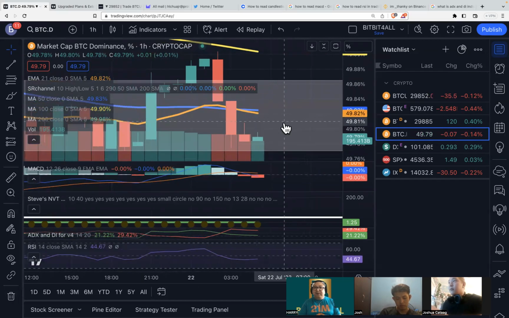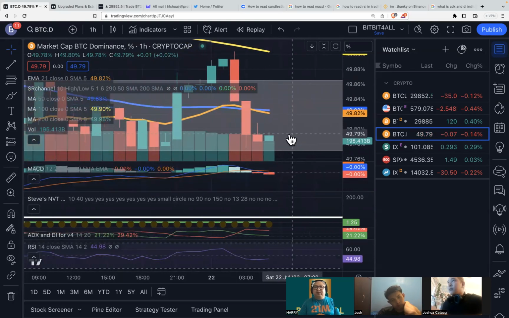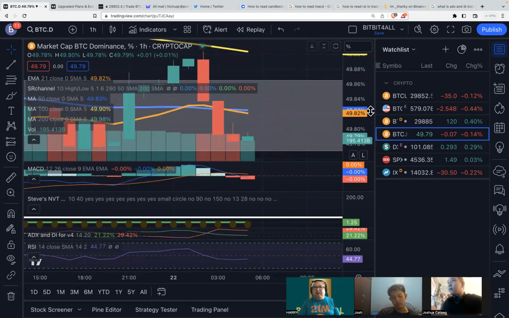So kung tataas ang Bitcoin, the alts will follow. Kung bababa ang Bitcoin, usually the alts will also follow. Okay? But it is usually Bitcoin muna ang nauuna. Kaya importante rin itong market dominance.